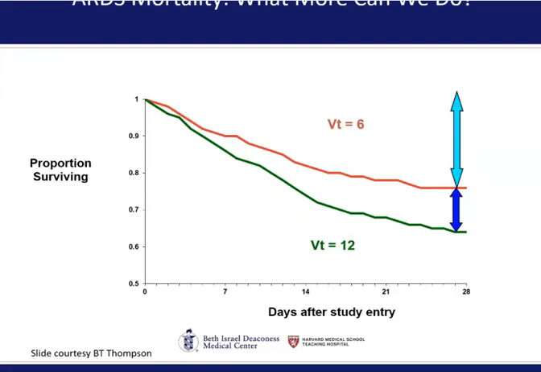The question is the rest of this group of patients' mortality related to the underlying disease, what brought them to the ICU, or is there something more we can do with the ventilator? And an obvious target is to increase the PEEP and recruit the lung.